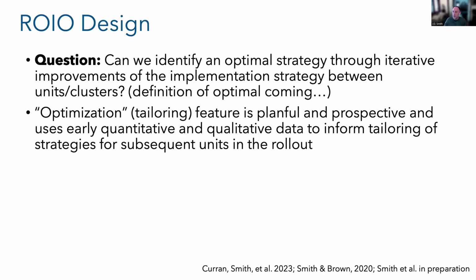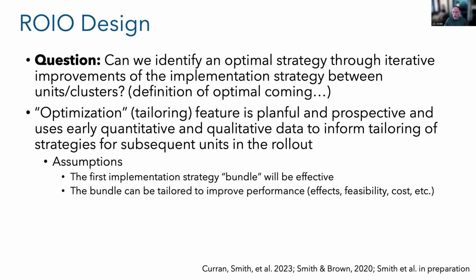So in a ROIO, you actually use early quantitative and qualitative data from cluster one to inform tailoring of strategies for cluster two. You use the same type of data from cluster two early in the rollout to change cluster three, et cetera. So you have multiple times where you'll get to try to optimize the strategy based on the data from the prior clusters.